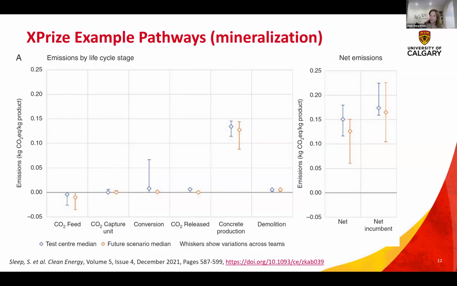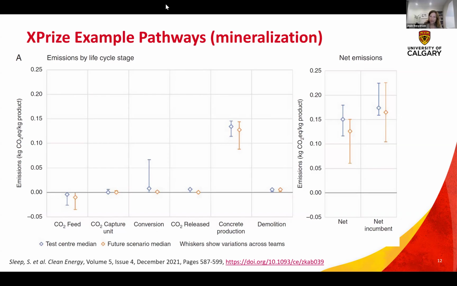It's not guaranteed that you're always going to get that credit for a feed if it's a technology or a facility that needs to be decarbonized, shut down, replaced with a lower carbon source. But if you did get credit for that, that would be the only part that would have negative emissions. The rest of the life cycle is positive. So the net effect is that you're not going to have a net negative emission technology through these pathways.